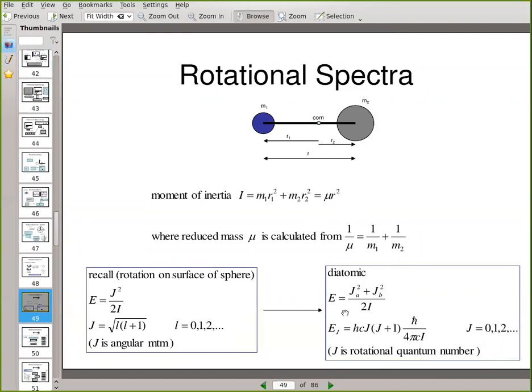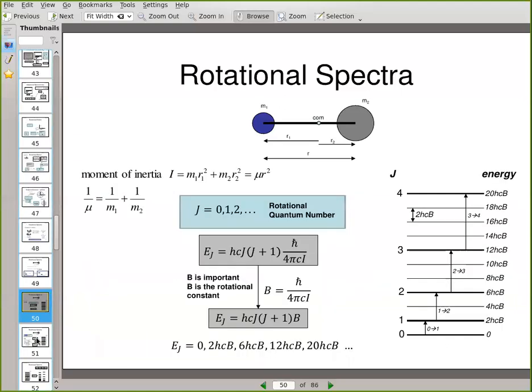To simplify this expression down, though, we do have a nice little trick. If we take all the constants out together with the I, so this h bar squared over 4 pi c, that whole system together is given a name, and that's the rotational constant.